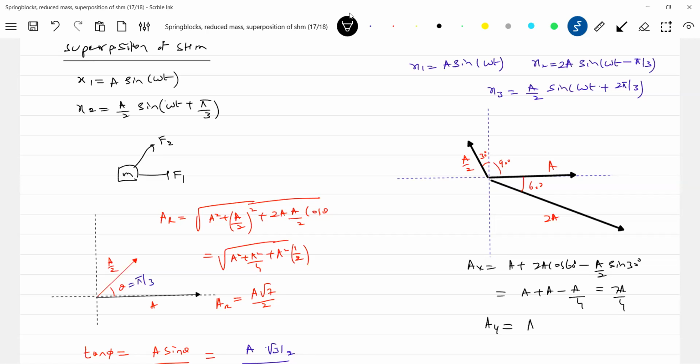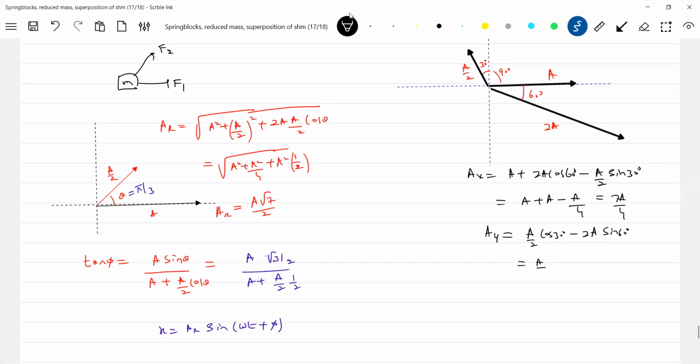It should be A by 2 cos 30 minus 2A sin 60. So A by 4, and this will be A minus 3A root 3.